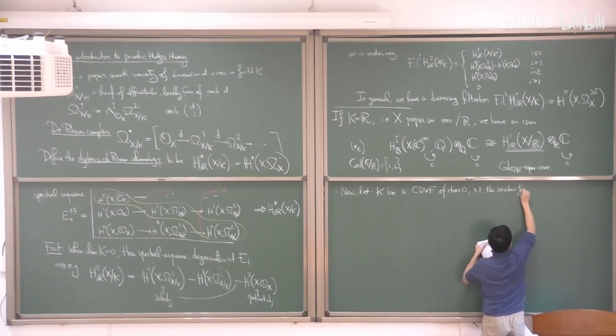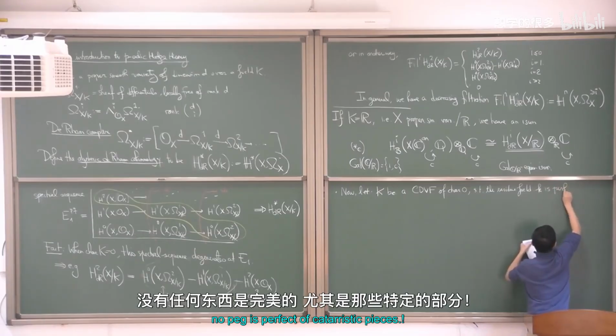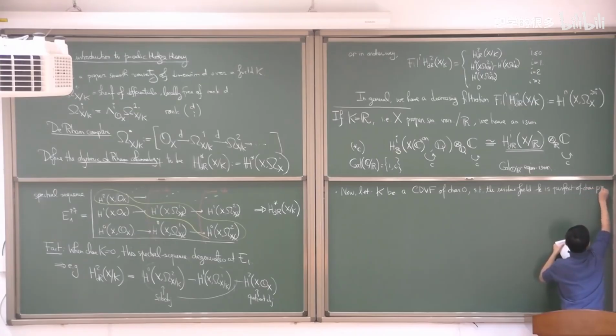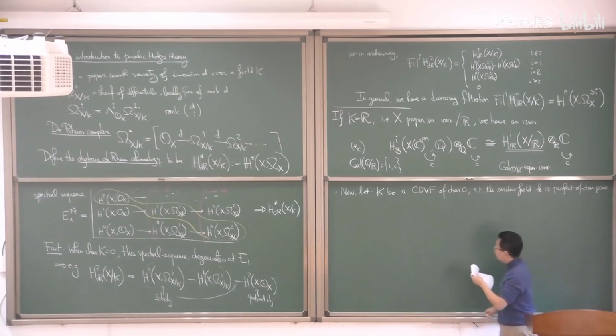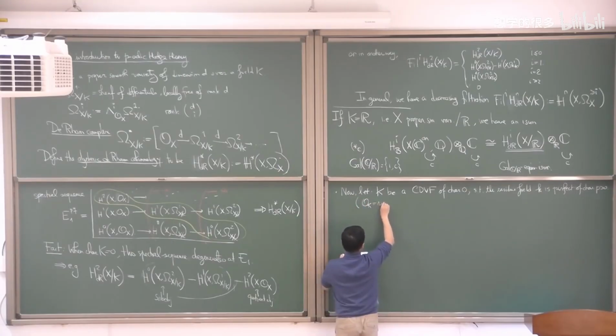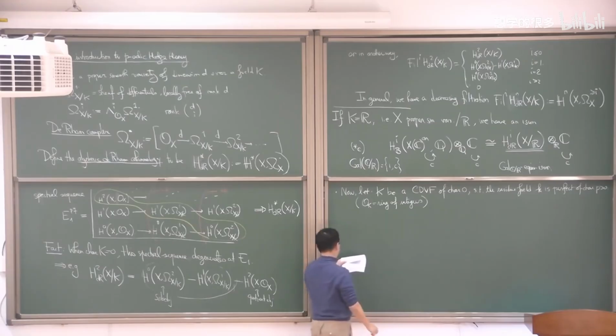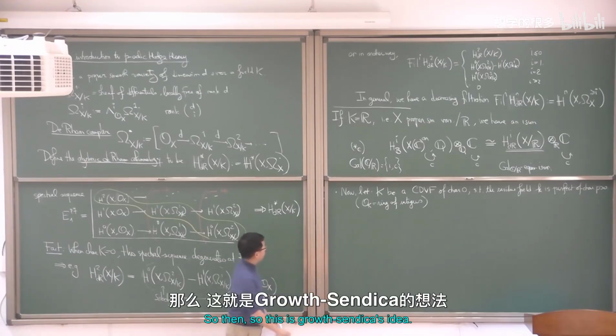We call it small k. This is Grothendieck's idea.